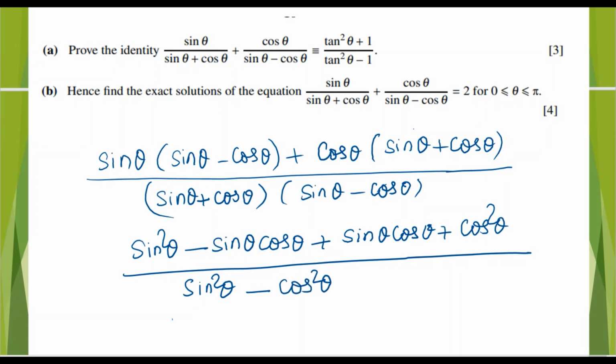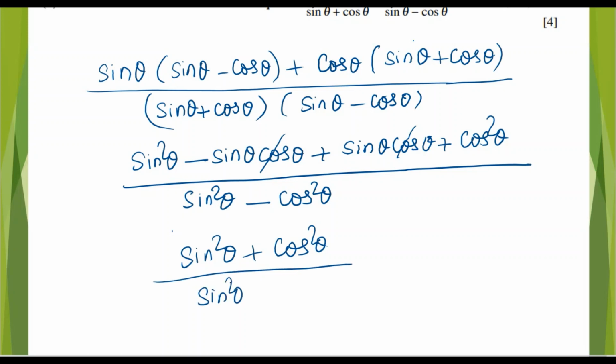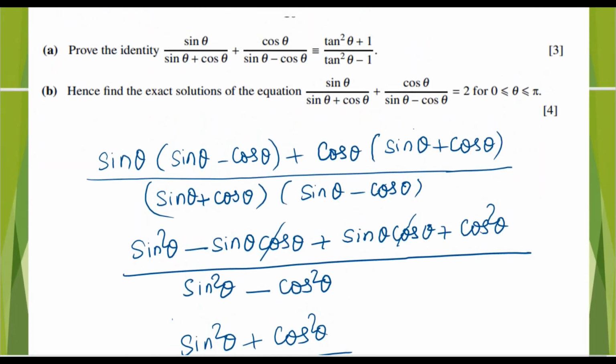I hope you remember this identity. These two get cancelled. So sin square theta plus cos square theta divided by sin square theta minus cos square theta. Okay, we have to prove this is equal to tan square theta.